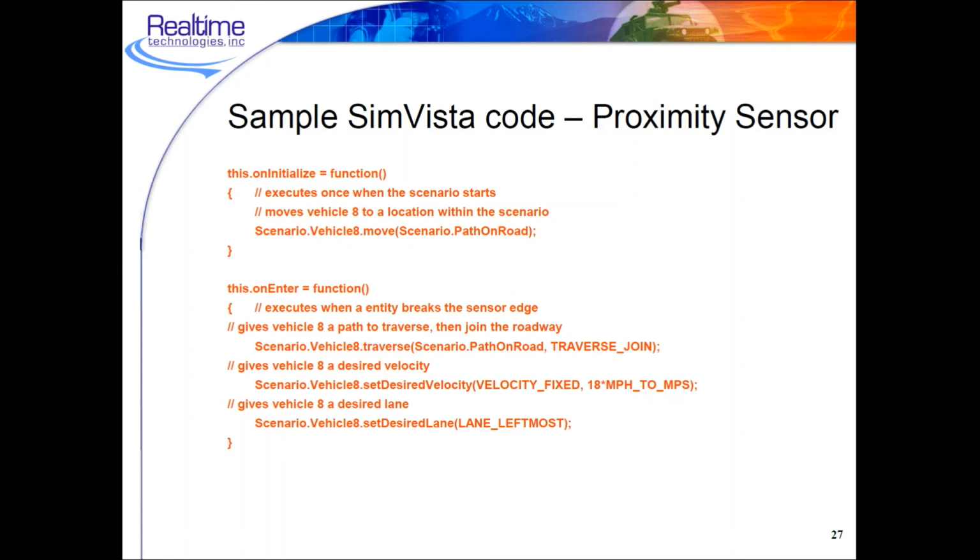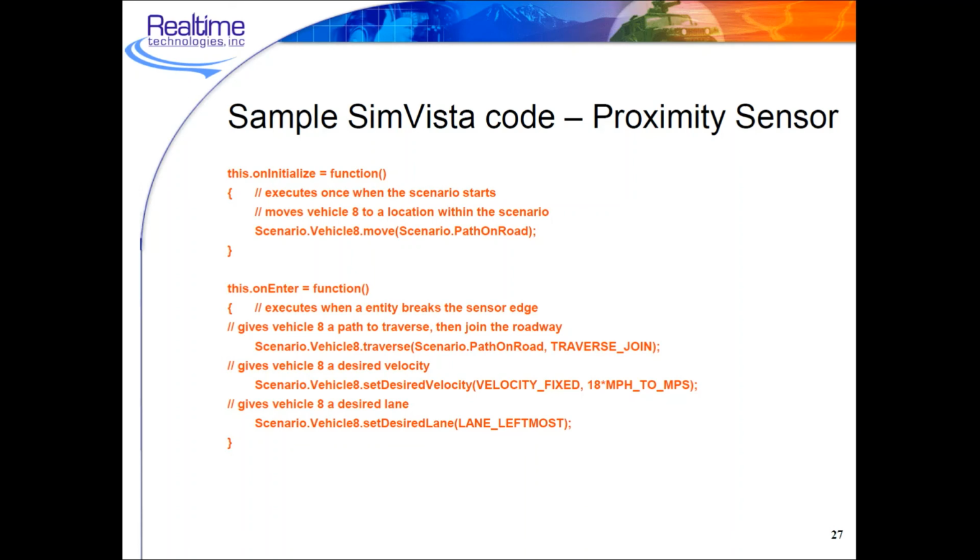This has 2 function blocks, an onInitialize block and an onEnter block. In this onInitialize block, it is setting a vehicle and moving it to a specific path on the road. So it is moving vehicle 8 to a location within the scenario and then telling it to continue driving down that path.